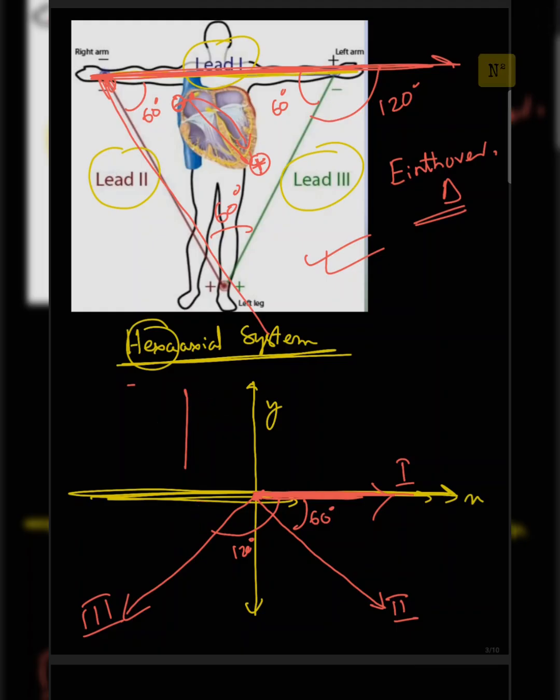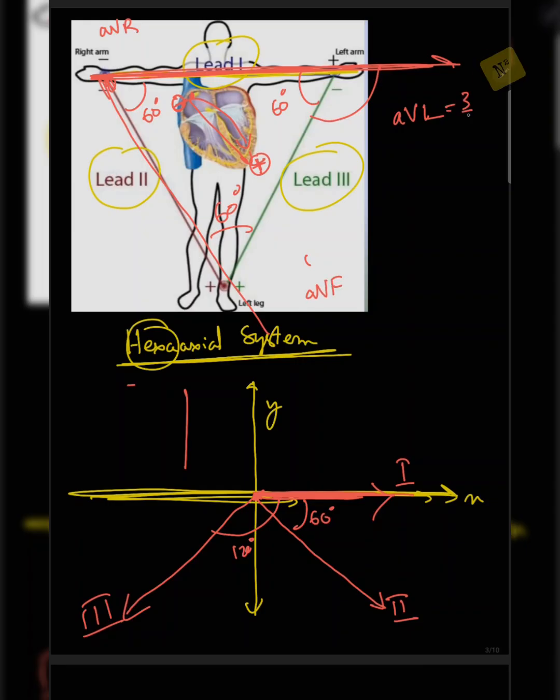Now I told you we have three augmented leads: augmented left arm lead, augmented right arm lead, and augmented foot lead. The augmented leads are nothing but 3/2 times the voltage that is detected in the limbs. So this is 3/2 times the voltage recorded in the foot, and this is 3/2 times the voltage recorded in the arm.